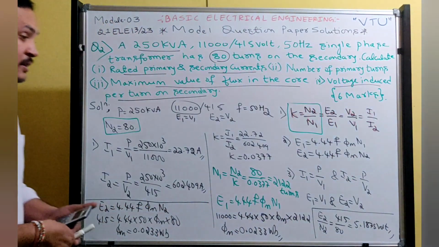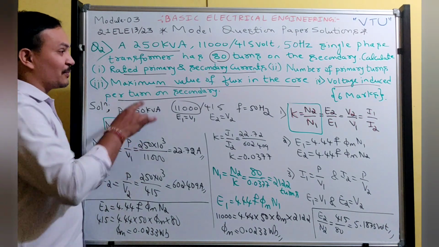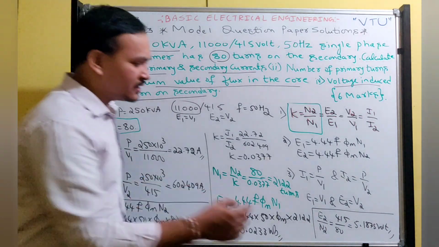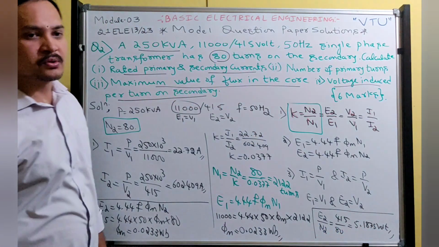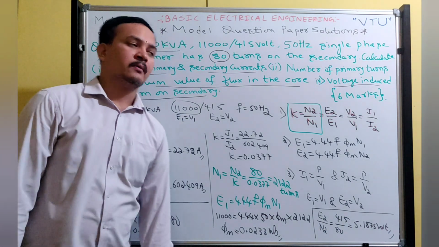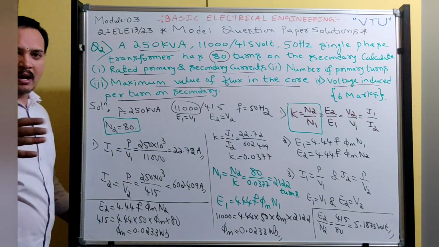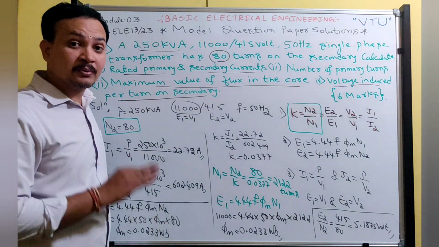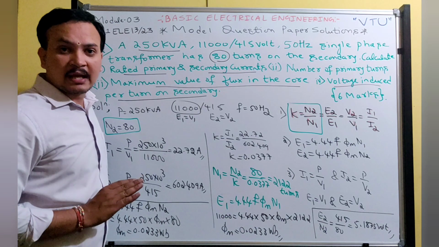Got it? See guys, if you take voltage induced per turn on primary also, your answer will be the same. You should get 5.1875 volts only. Whatever the rating of the transformer you have designed, you must get the same voltage per turn in both primary as well as secondary.